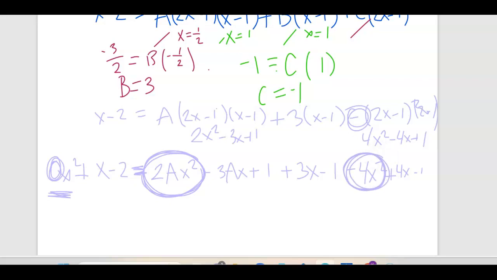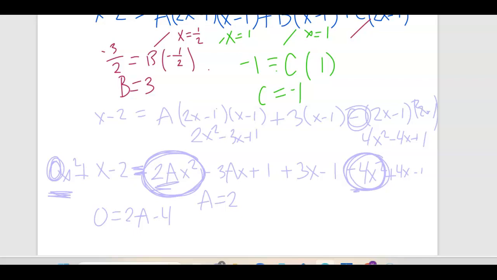Well, that only happens if a equals 2. I could set this up as 0 equals 2a minus 4 and solve that for a, because I need the numbers in front of x squared to be equal to 0. So that's one option that I have.